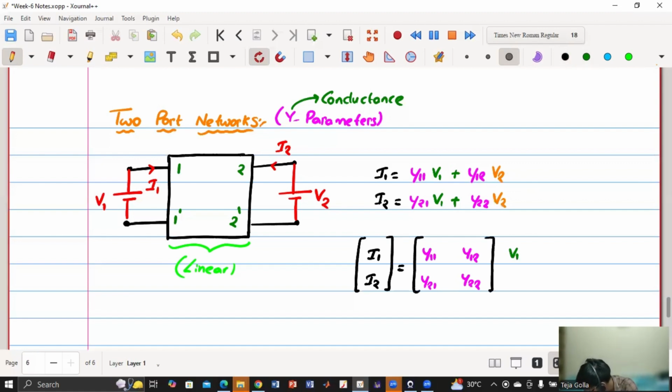So people will be asking in the exam, find Y11 and Y12. So how will I find Y11? Y11, if I make V2 zero, is nothing but I1 by V1, right?